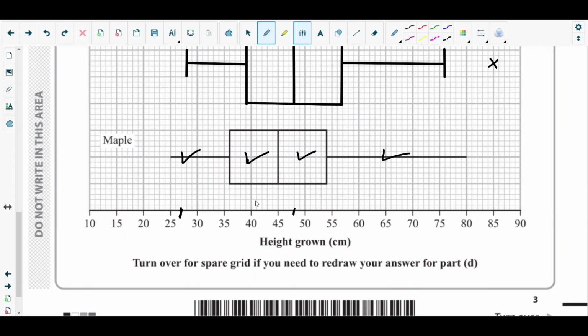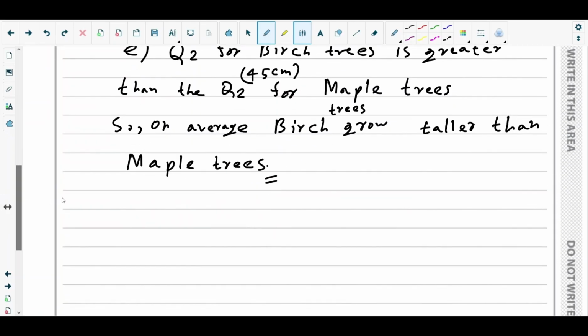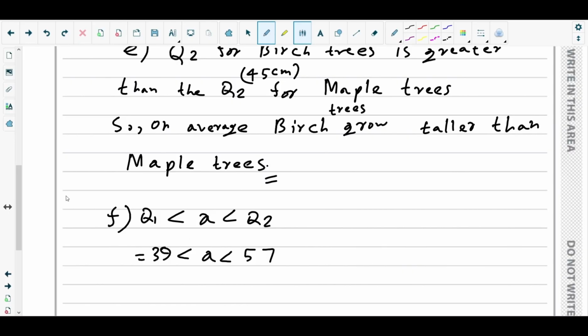Okay, so let's consider the second one, that is A. For part F we need to show the workings. A should be greater than Q1 and less than Q2. So what's Q1? Q1 is basically 39, and Q2 is 57.